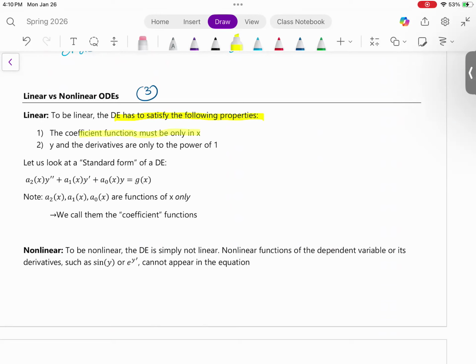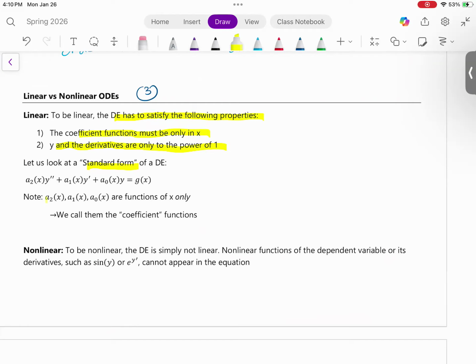The coefficient functions must only be in x, y, and the derivatives are only to the power of 1. So let's look at the standard form of a DE: a sub 2 of x, y double prime plus a sub 1 of x, y prime plus a naught of x times y equals g of x.